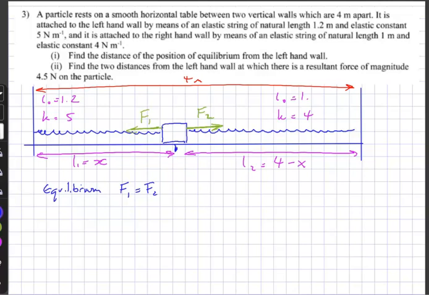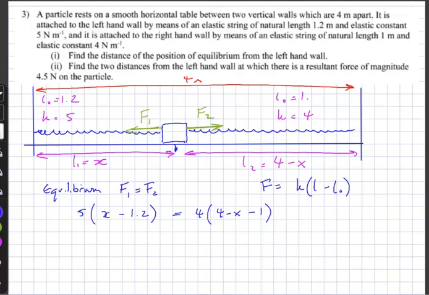For F1, using our formula for F being equal to K multiplied by L minus L naught, we are going to have a constant of 5, a length of X, and a natural length of 1.2, and that must equal, using the same formula, K equal to 4, our actual length being 4 minus X and our natural length being 1.